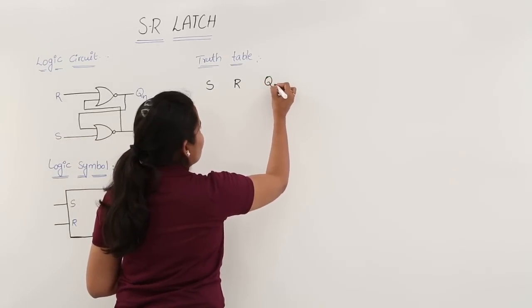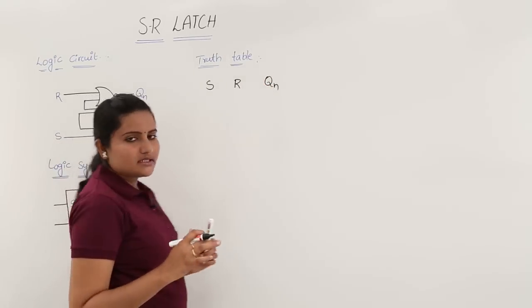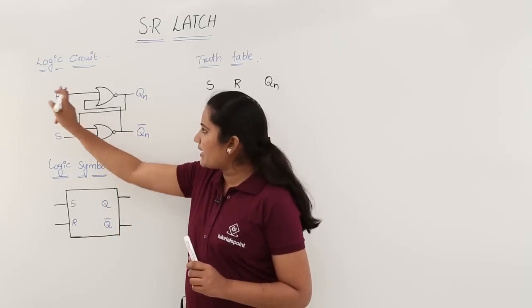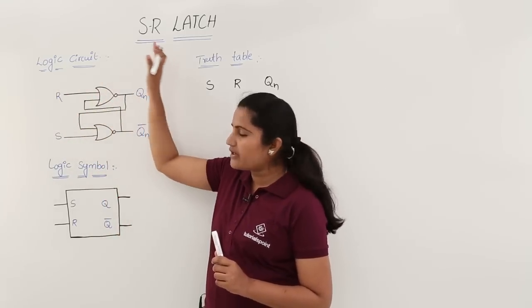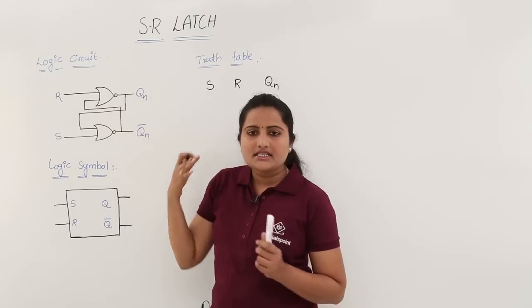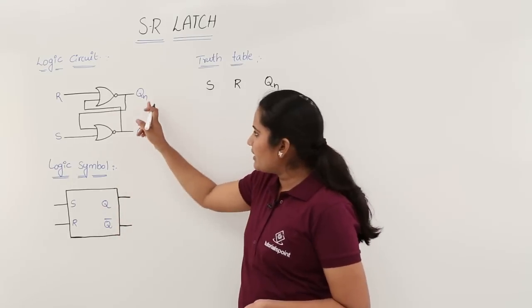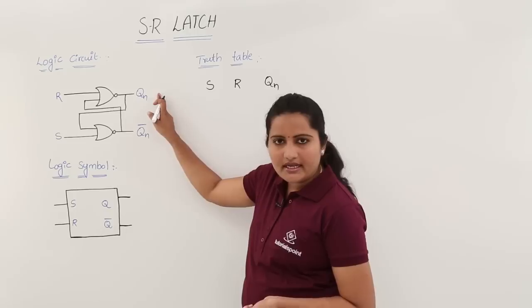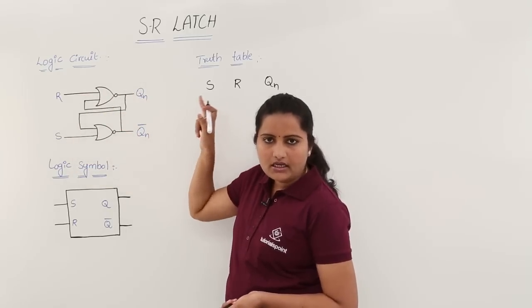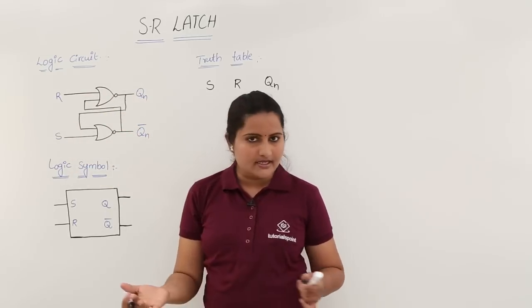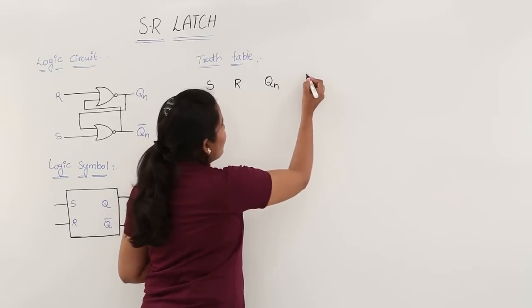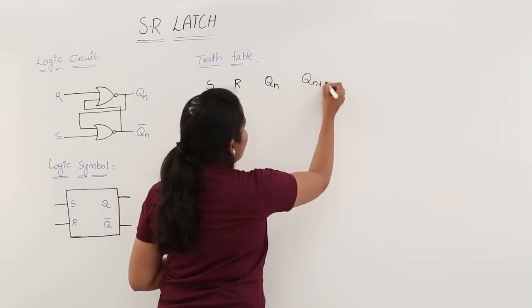That is why I am taking it like this. After processing this Qn through feedback and after giving these inputs, whatever we get next in the same place is called Qn plus 1. So, this Qn plus 1 is nothing but the next state.